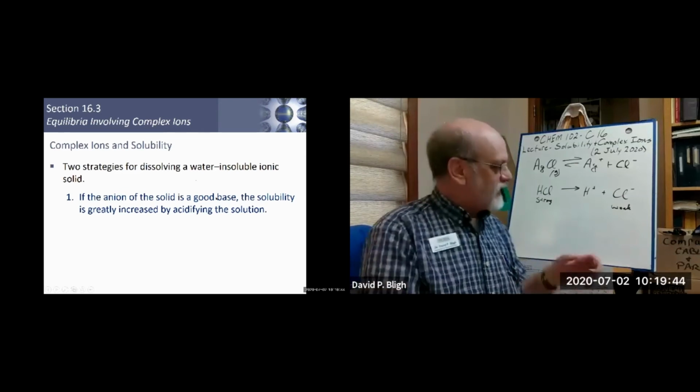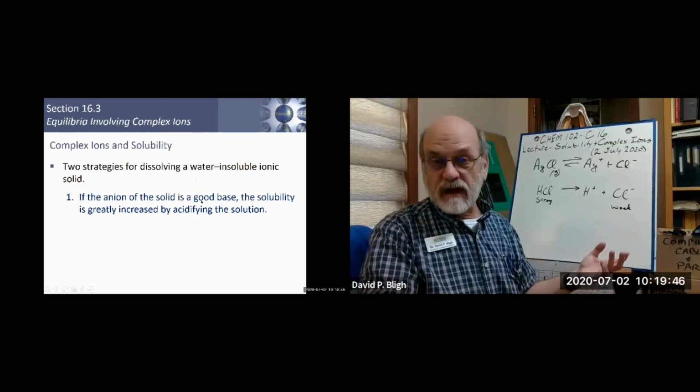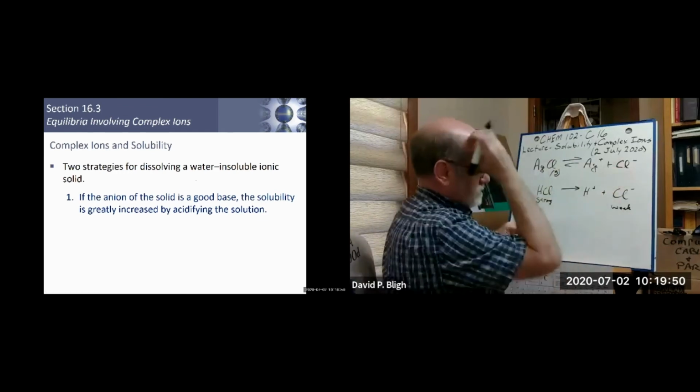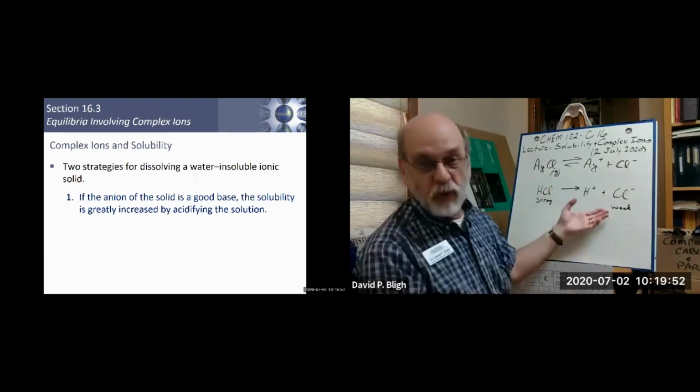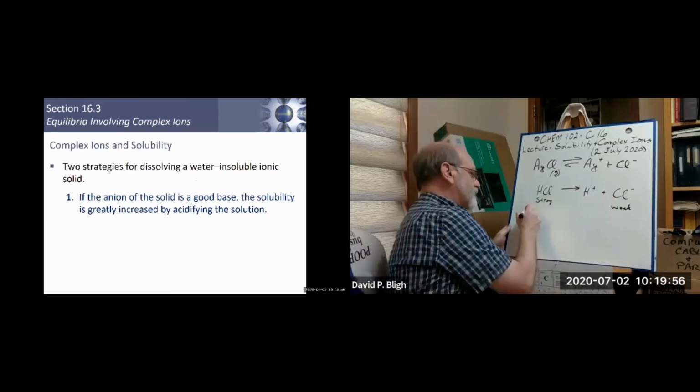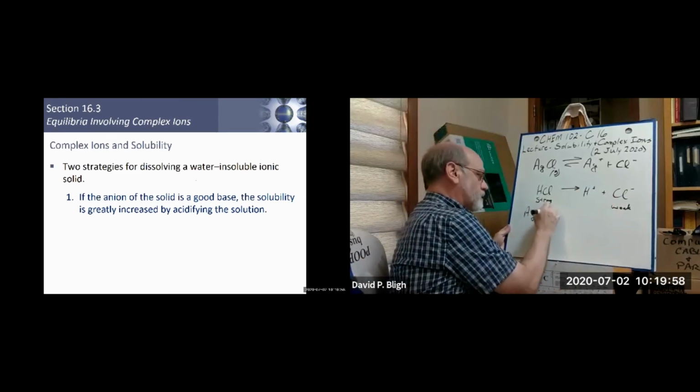But if the anion happens to be a good base, right? So that would be a poor example. That's not a good base. What if we have this one?